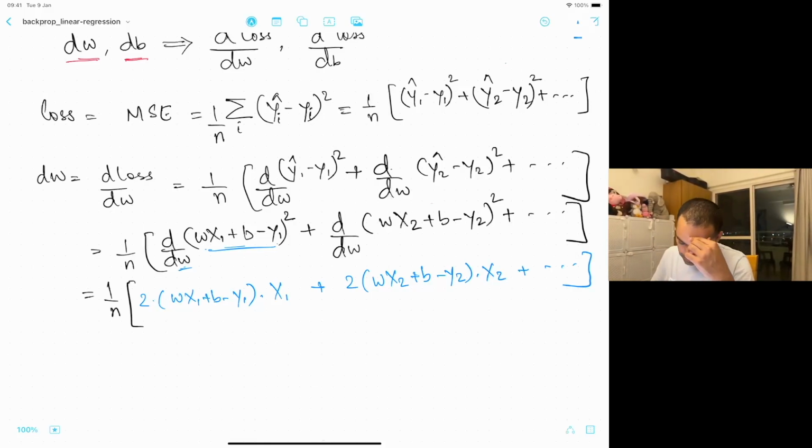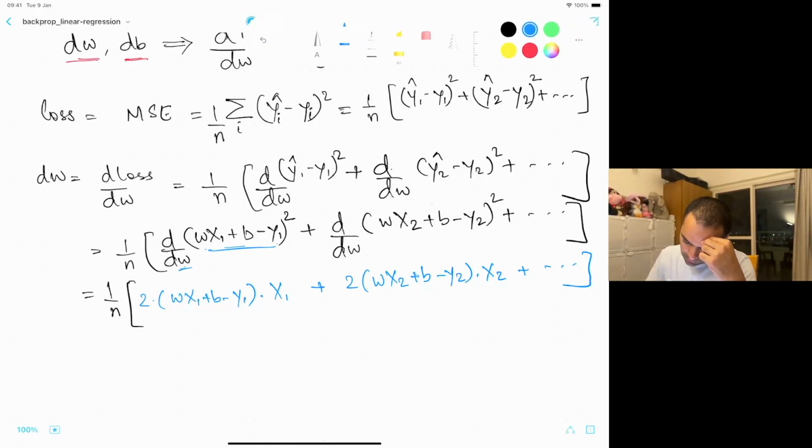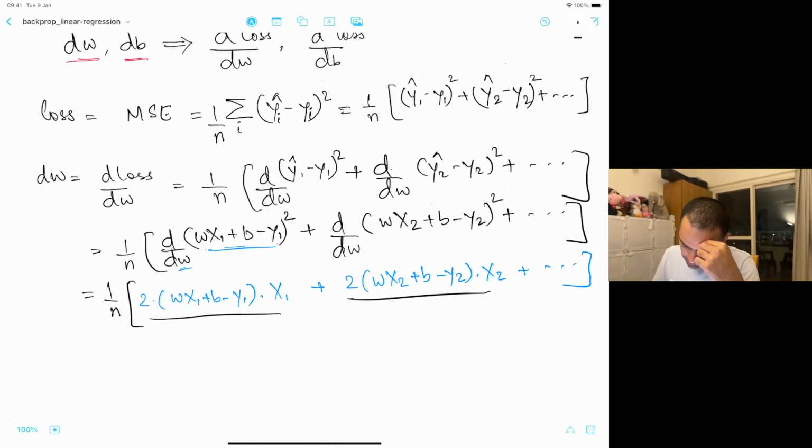Therefore if we generalize these different pieces, all these n examples are summed up together.